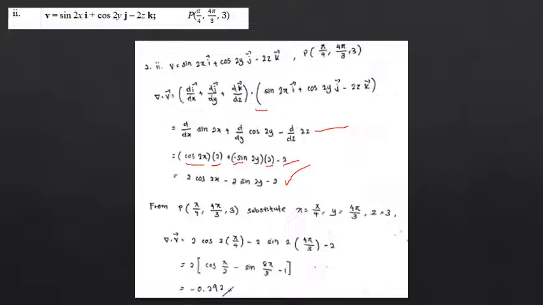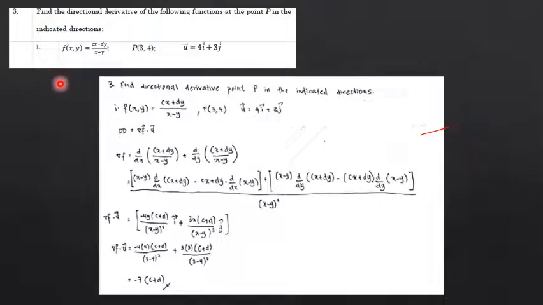So after we get this new equation, given point P, we substitute the value x equals pi over 4, y equals pi over 3, z equals 3 into the equation, and we will get this answer, negative 0.292.